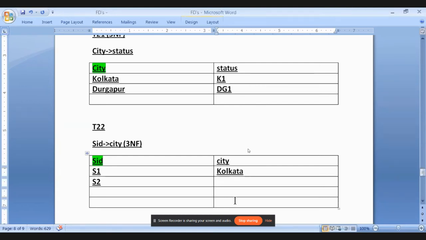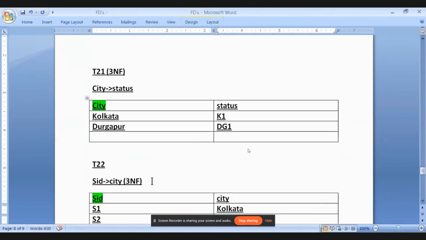A city can have more than one supplier. So the supplier S2 is also staying in Kolkata. That is not redundant information. Hence, in T22 no redundancy is there. Similarly, in T21 also no redundancy is there, and the tables are converted to 3NF.